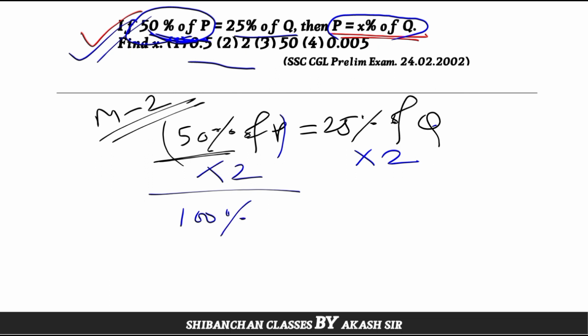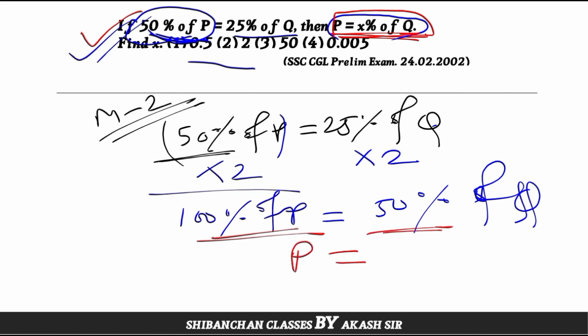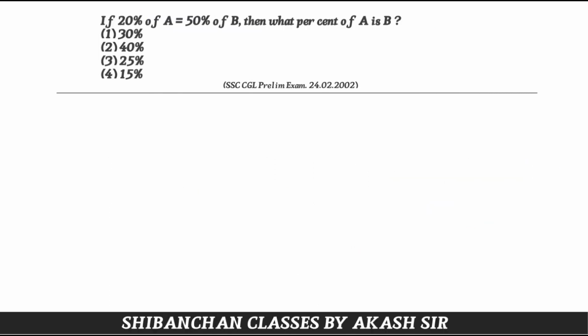That's why we get 100% of P equals 50% of Q. You can easily find this, as it is asked P equals X% of Q. That means 100% of P equals 50% of Q. It is your answer. 50 will be your answer. Okay, very good. Now move to the next question.